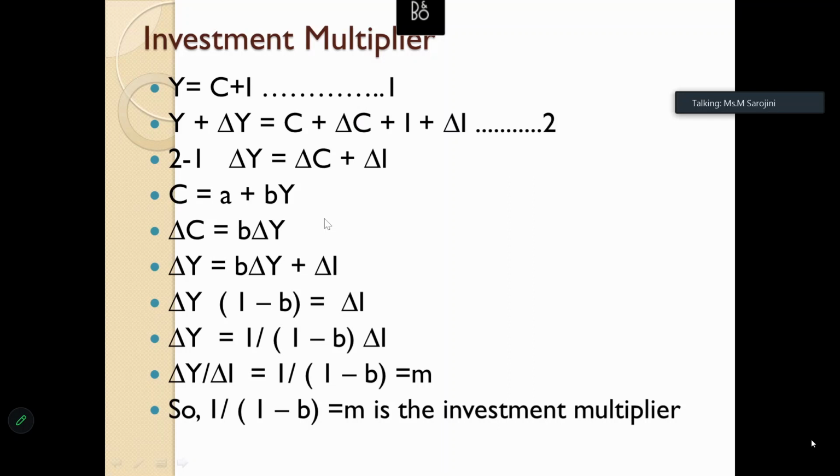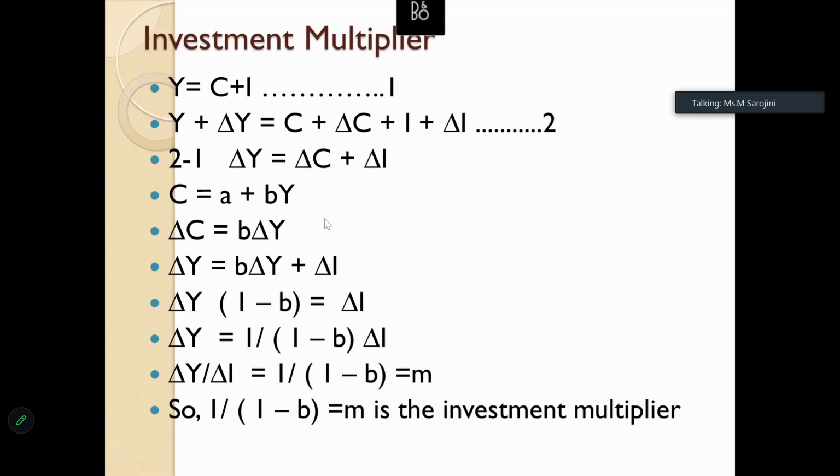the consumption curve. Now we are going to derive the investment multiplier. Let's see how. You know that aggregate demand is equal to C plus I, where C is the consumption and I is the investment. This we indicate as equation 1. Once there are changes in the income, that also changes the investment as well as the consumption.